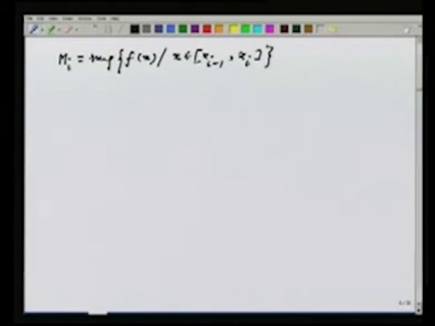Since the supremum depends on i, I called it Mi. Similarly, I can define little mi, that is the infimum of f(x) when x lies between x(i-1) and xi.